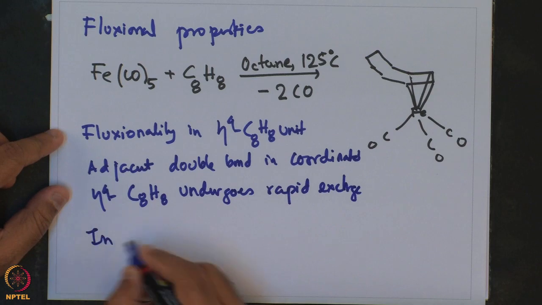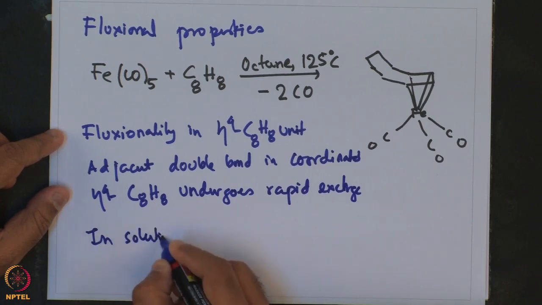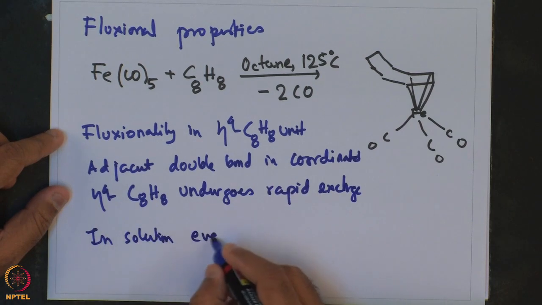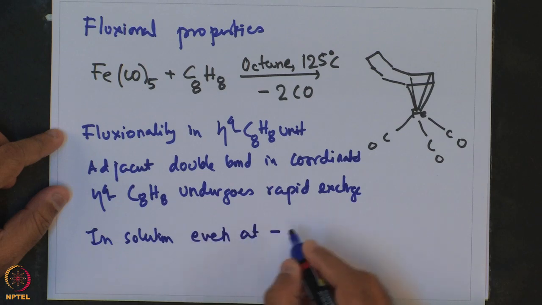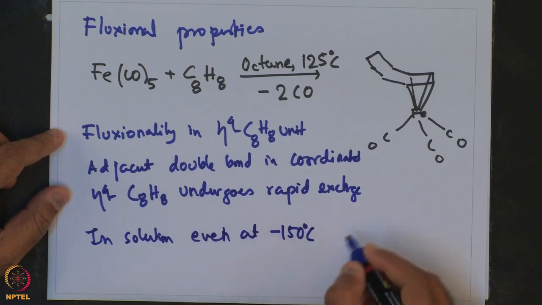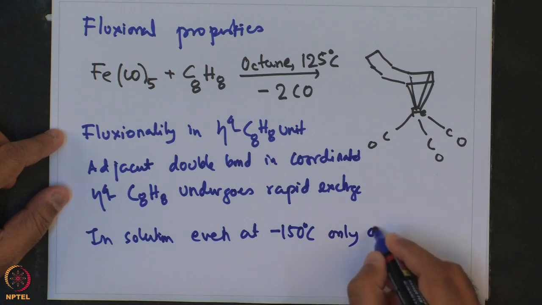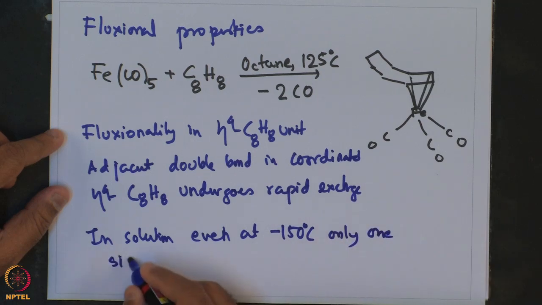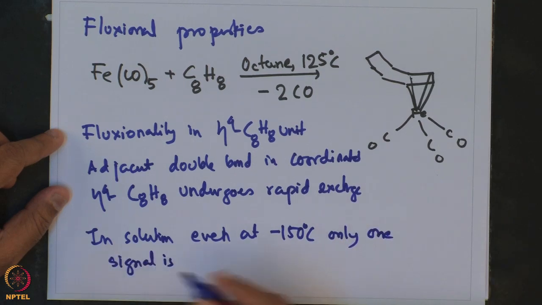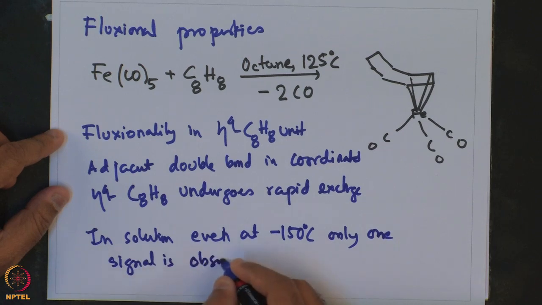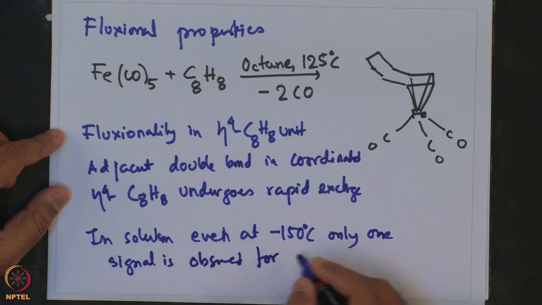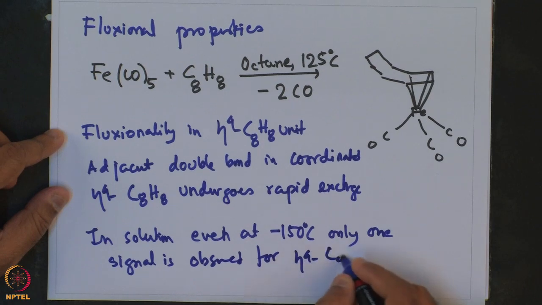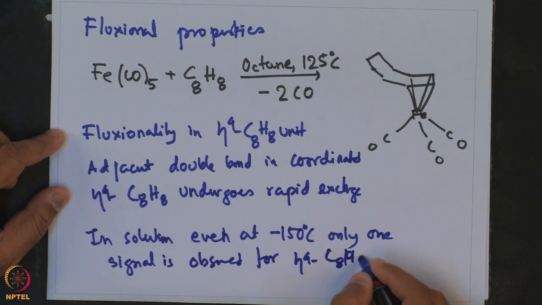That means, in solution, even at minus 150 degrees centigrade, only one signal is observed for the eta 4 C8H8 unit.